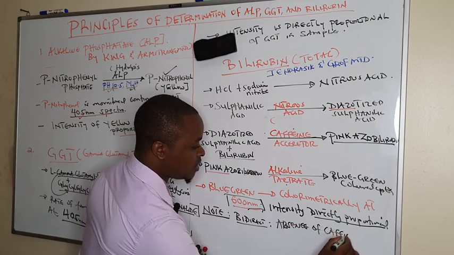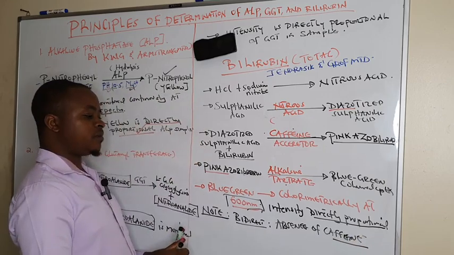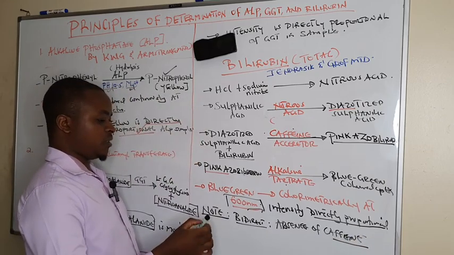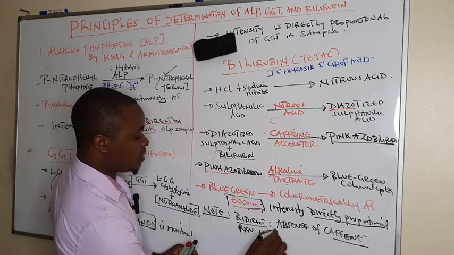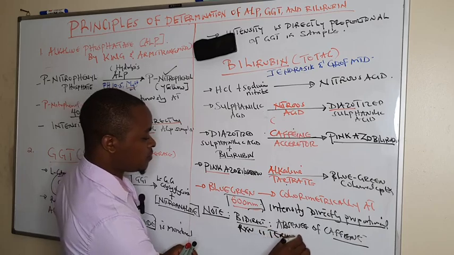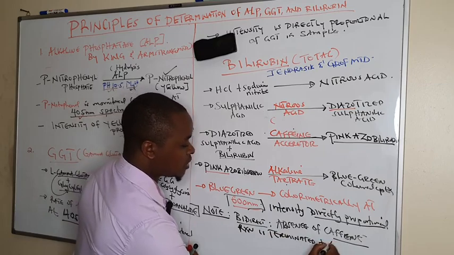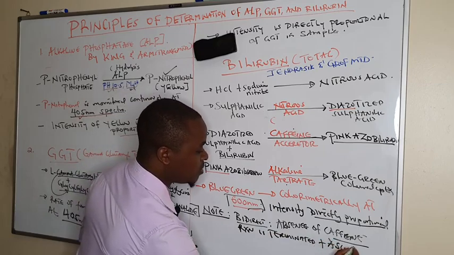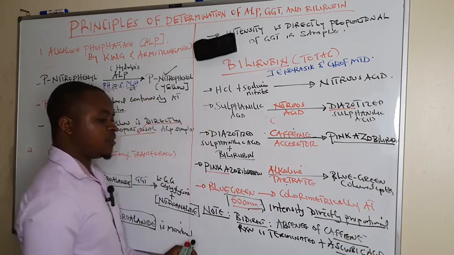Caffeine is not added. And after not adding caffeine, still you terminate the reaction. The reaction is terminated by adding ascorbic acid, that is vitamin C, which we are taking in COVID.